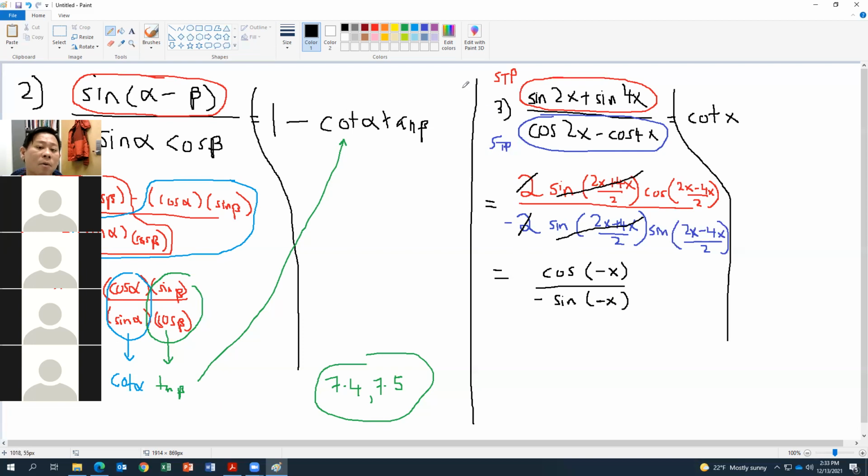Does anyone know what happens when you have a negative in the cosine? Just get rid of it. Yes. So that's why the negative is gone. Do you know what happens to the negative for the sine?